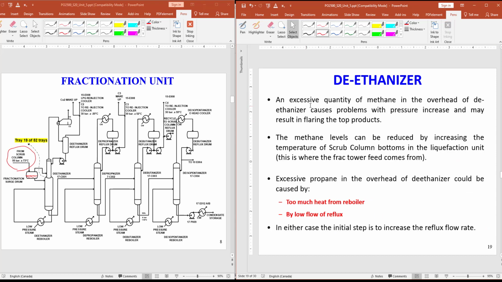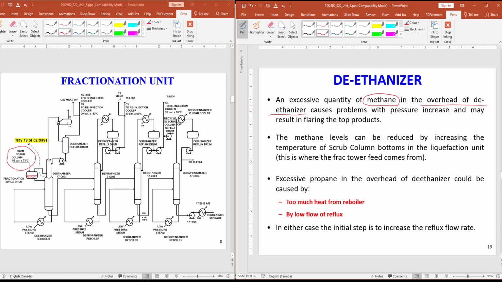So if we have an excessive amount or excessive quantity of methane in the overhead of the de-ethanizer, the top of the first column, the de-ethanizer column. Methane has a high vapor pressure. The vapor pressure of methane at the same temperature is much higher than ethane, butane, propane, and other products.